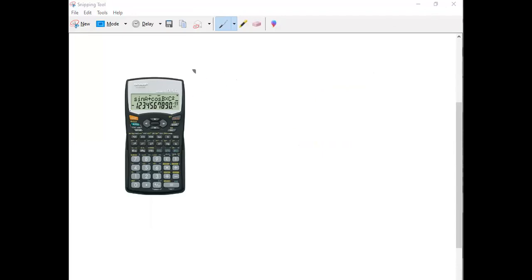Yes. So for the Sharp, your permutation is somewhere on the number 6. So if you're going to do 4 permutation 2, you're going to press 4, then shift, then 6, then 2, equals, it will give you 12.